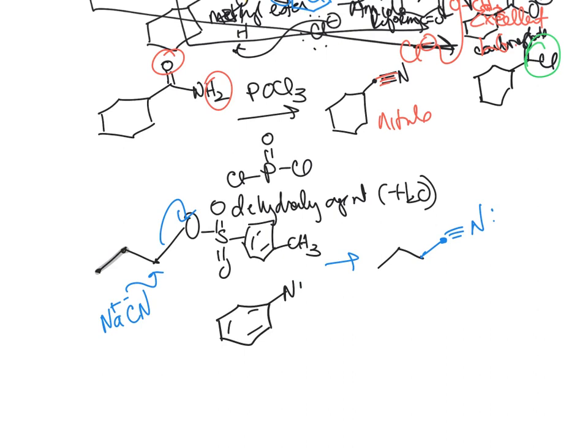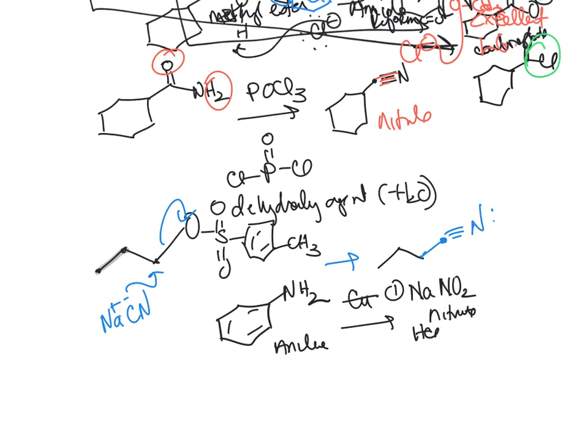And then you know how to make aromatic ones. This was the Sandmeyer reaction. So if you have an aniline, first thing you have to do is sodium nitrite, that's NO2, not nitrate, which is NO3. This is nitrite.